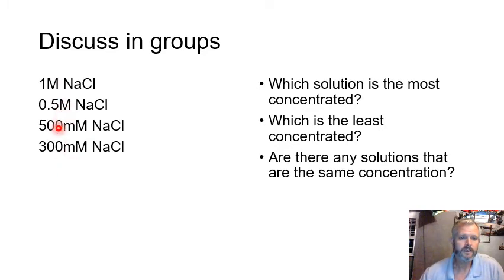This and this are actually the same concentration, because there are 0.5 molar. Millimolar is much smaller, by the thousands, so you have to move this decimal point 3 places. So this millimolar actually equals, there are 500 millimolars in half a molar solution.